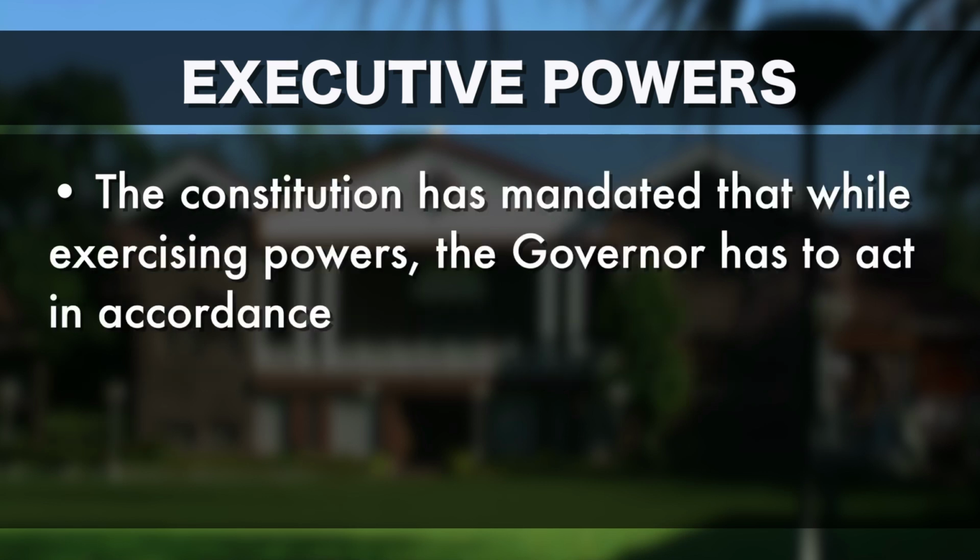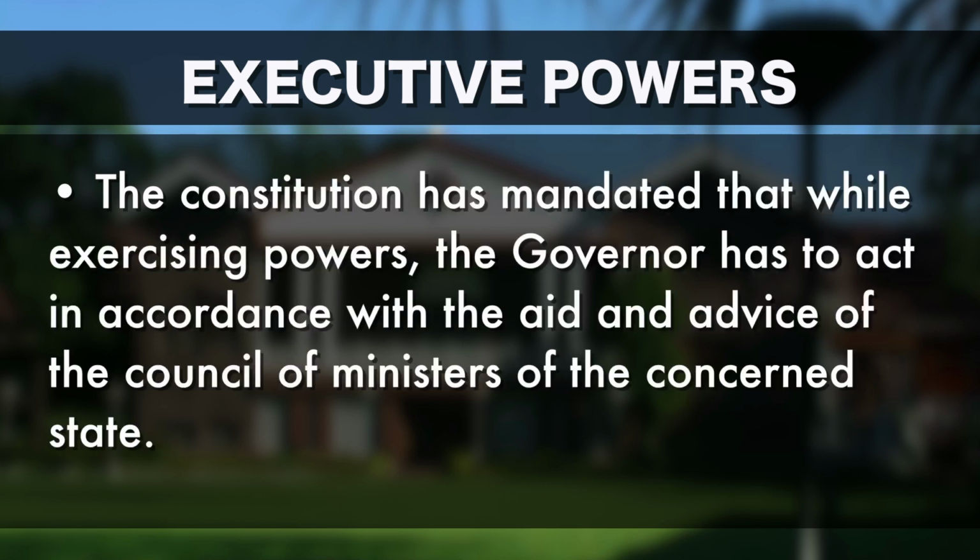The Constitution has mandated that while exercising powers, the governor has to act in accordance with the Constitution or in accordance with the aid and advice of the Council of Ministers of the concerned state as per the provisions of the Constitution.